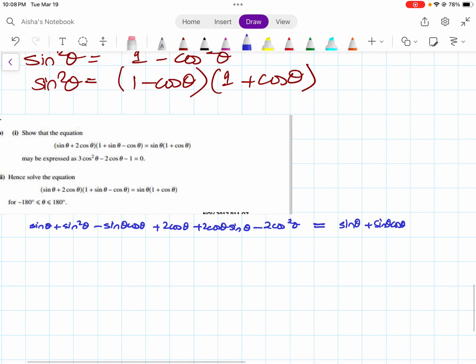Let's solve it. If you get minus sin theta plus cos theta sin theta, this cancels out with the one over here.